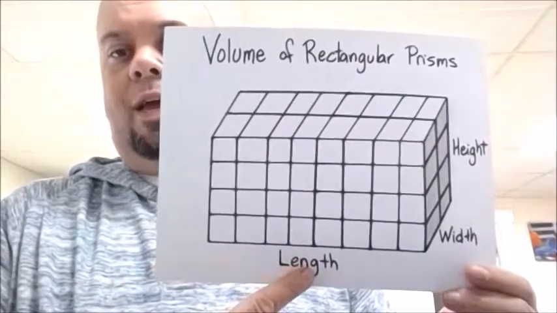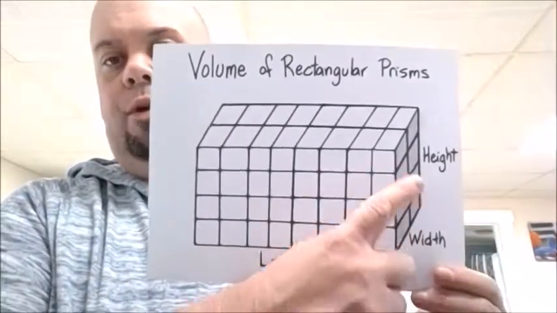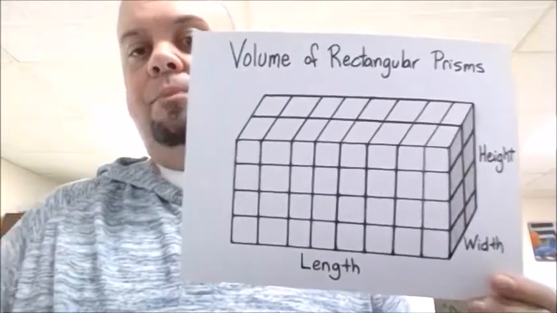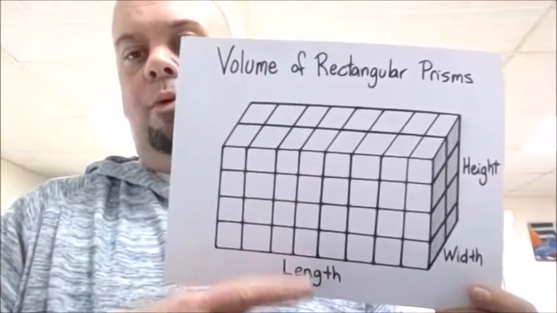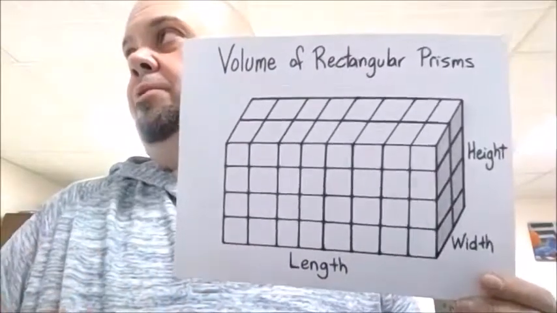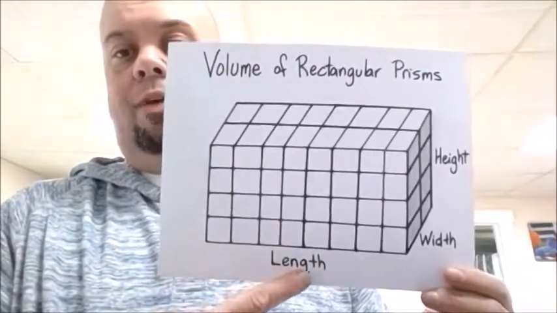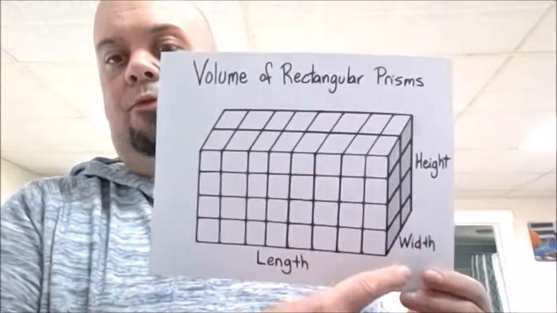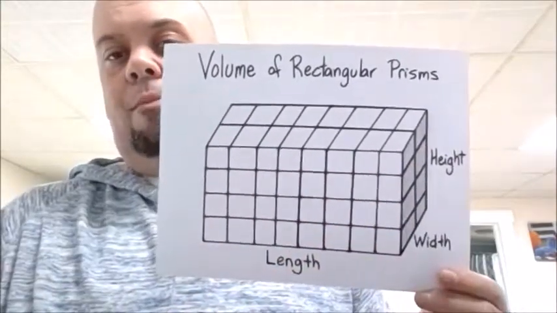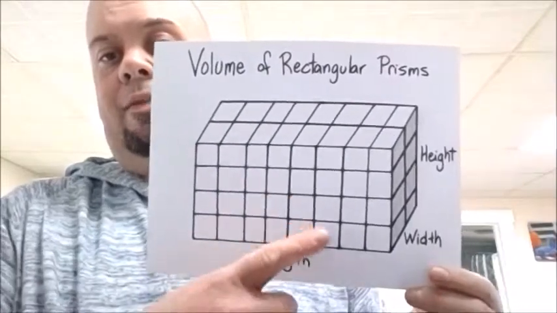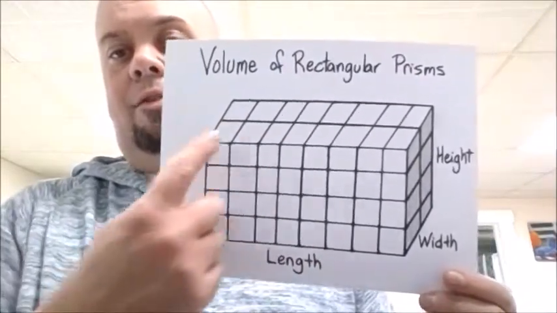So in this one, we have 8 times 2 times 4. The easiest way to do that would be to multiply these, and you could multiply them in any order. So even though it's 8 times 2 times 4, you could do 2 times 4 first, and that would be 8, and then 8 times 8 is 64.